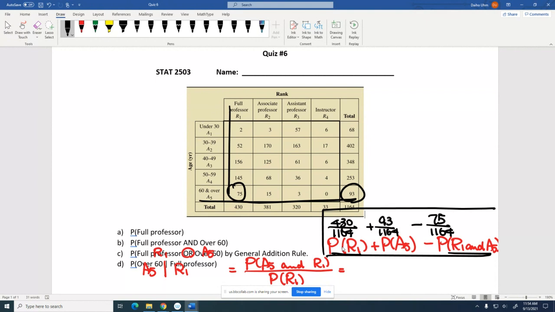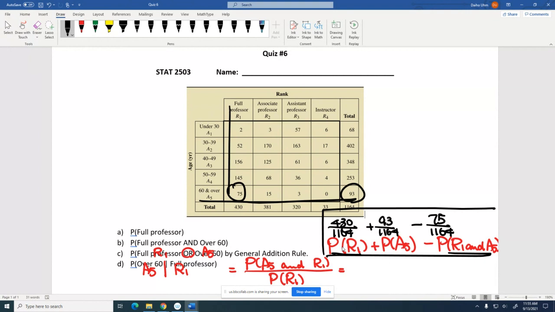Before applying the numbers, it will be the same as the probability of over 60 and full professor, over the given probability of the full professor.